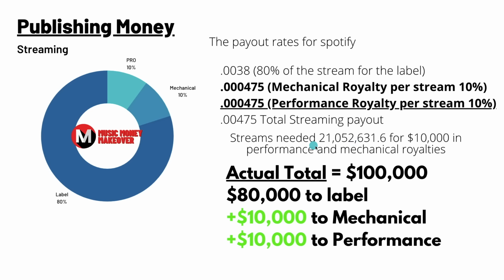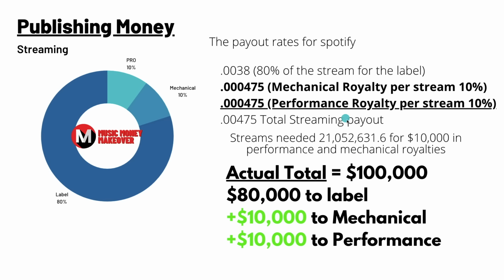But we can clearly see that the potency of one stream compared to one iTunes sale is 100 times less in impact to people actually knowing about you than an actual sale. And in money, it's 100 times less, right? So in order to get that amount that would equate to what you had on the digital downloads, you have to put in 100 times the work to generate that money.